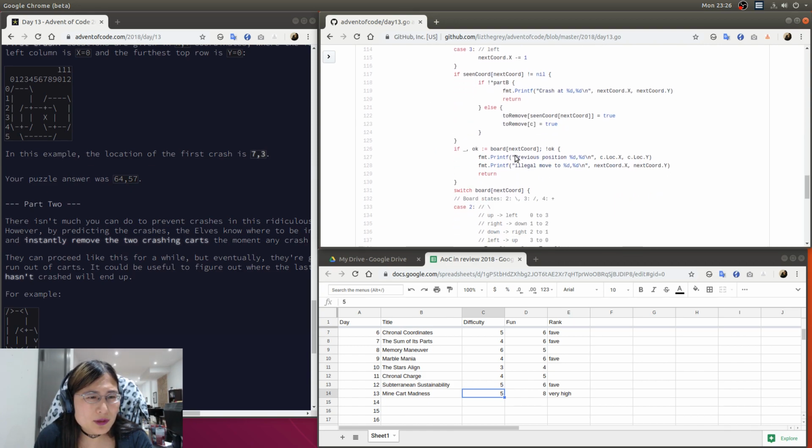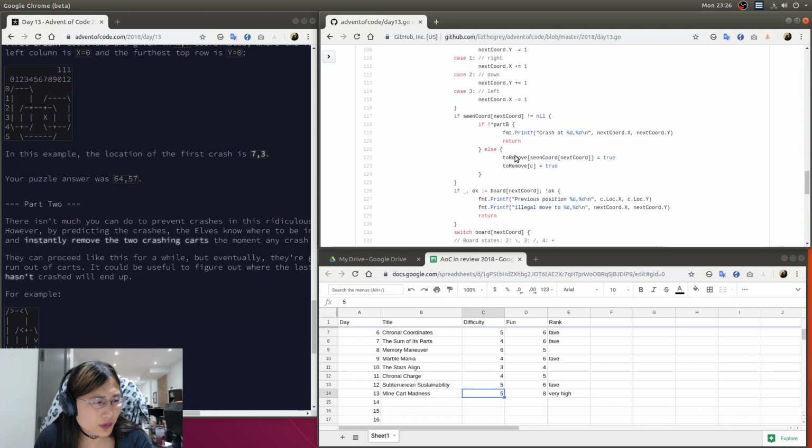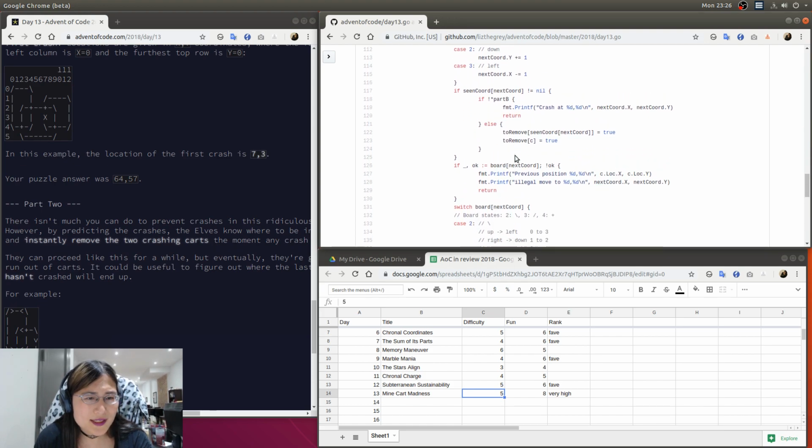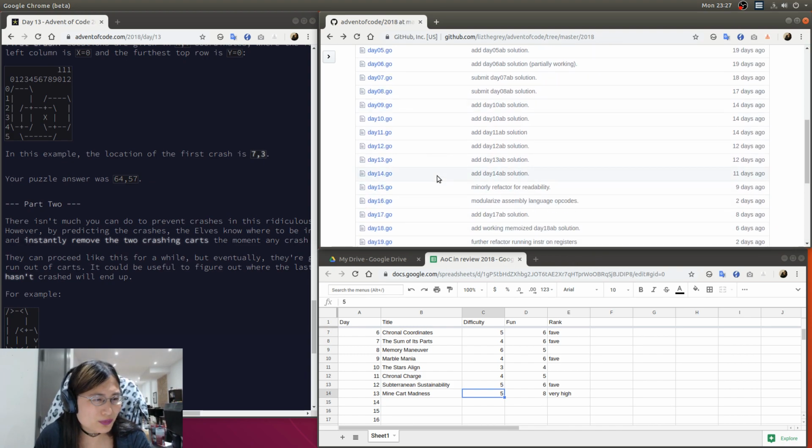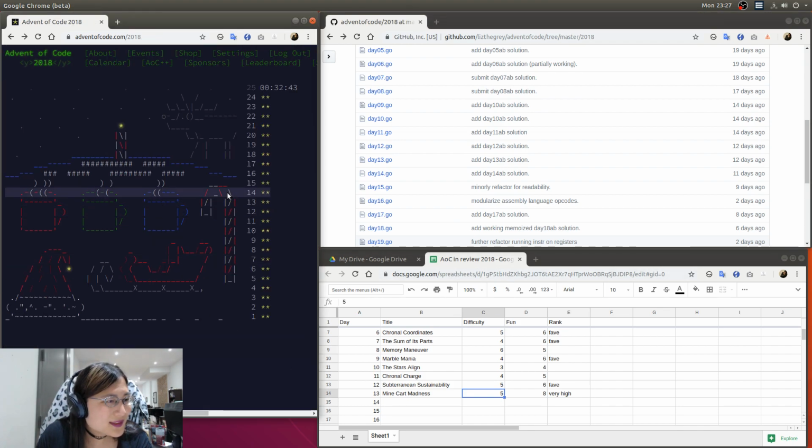And then it makes you also potentially have to remove pairs of carts and make them inoperative so they don't continue moving and crashing into things as you go. So I thought this was super, super fun. It was definitely one of my favorite puzzles, and I felt it was in the right vein of difficulty for someone who isn't necessarily super computer sciencey but wants to figure out how to make something go. No pun intended.